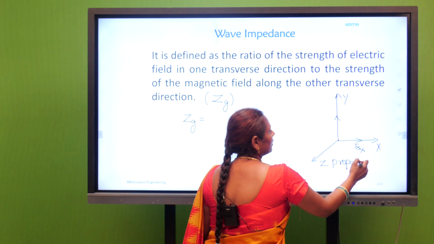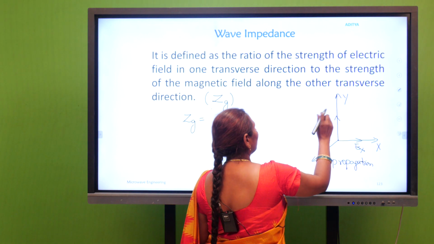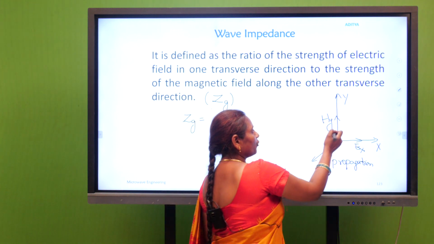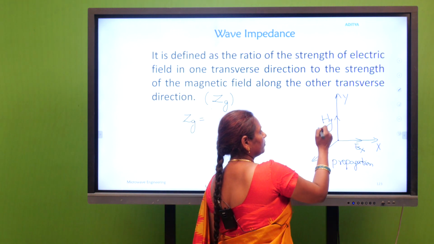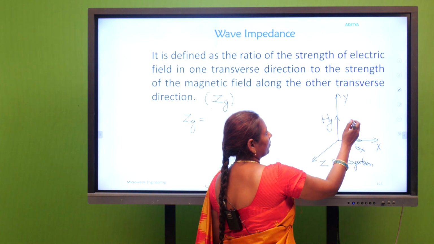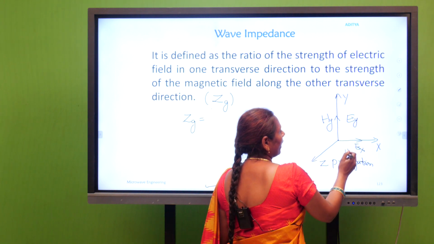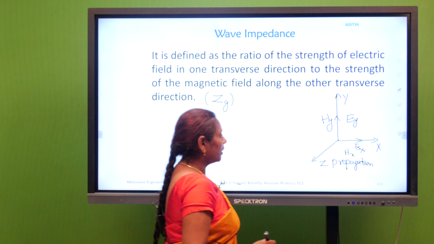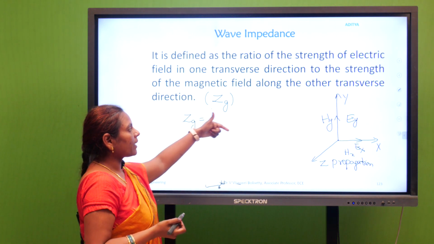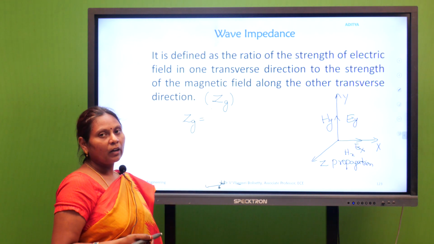So we consider the electric field on x axis and the magnetic field on the y axis, or we can consider the electric field on the y axis and the magnetic field on the x axis. Either we can take the ratio of the electric field on x axis and magnetic field on y axis, or electric field on y axis and the magnetic field on x axis.